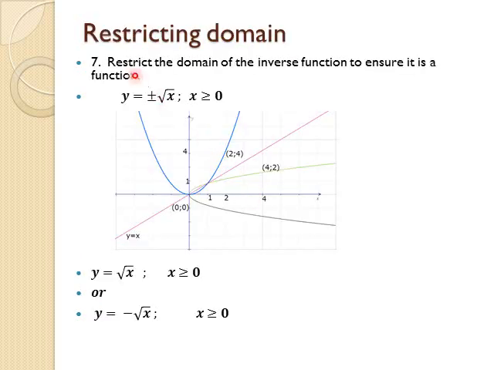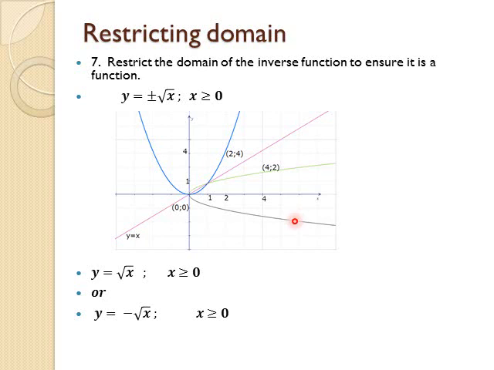Now we can also ask you to restrict the domain of the inverse function to ensure that it's a function. So domain, working with x values. Currently we have y equals plus or minus square root of x. If we plot it, it goes from the first quadrant all the way into the fourth quadrant. So every time I draw a vertical line test, it touches the graph there and there. Therefore, it is not a function.